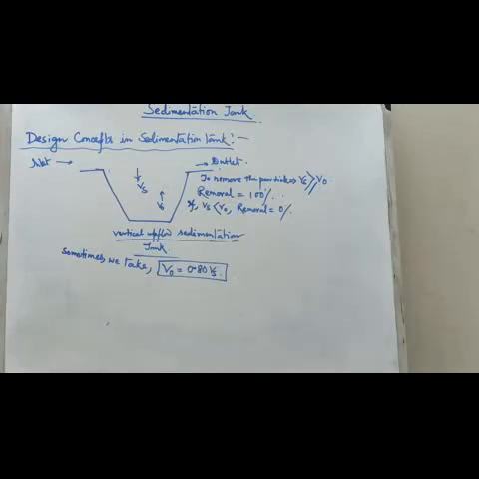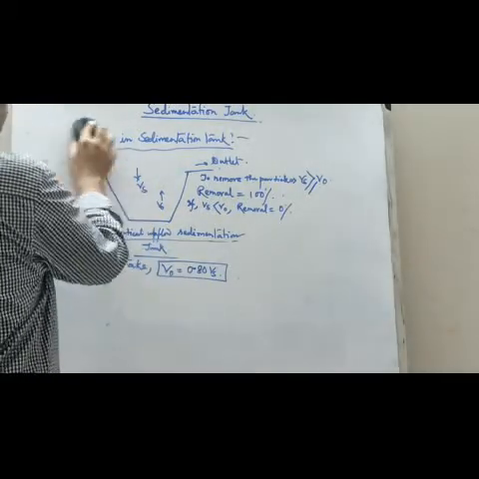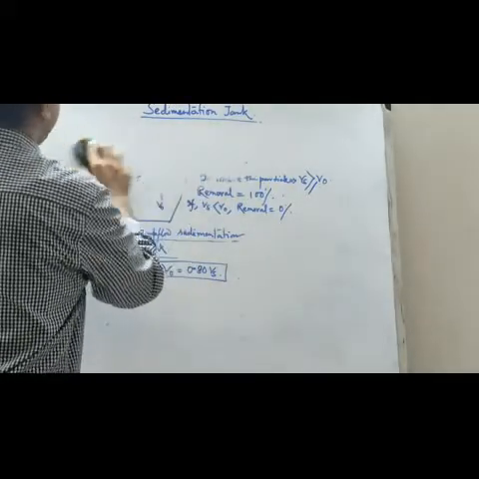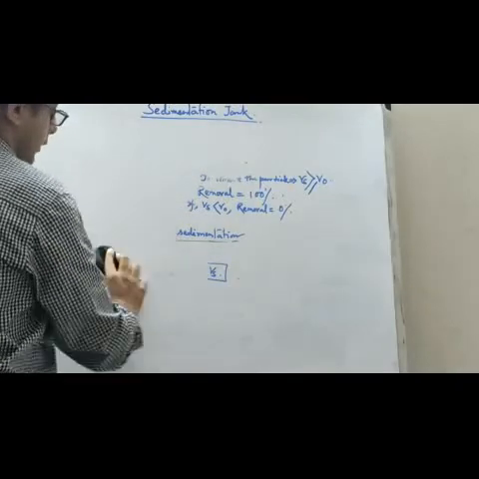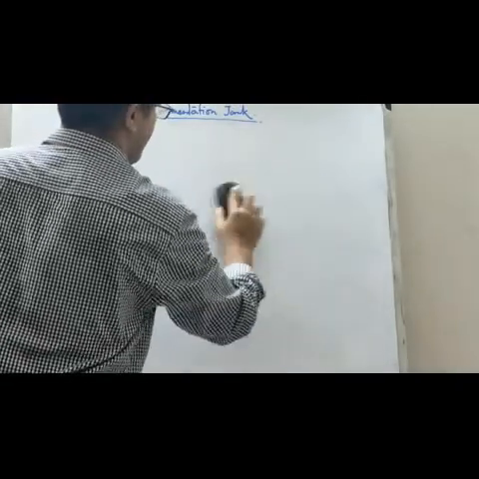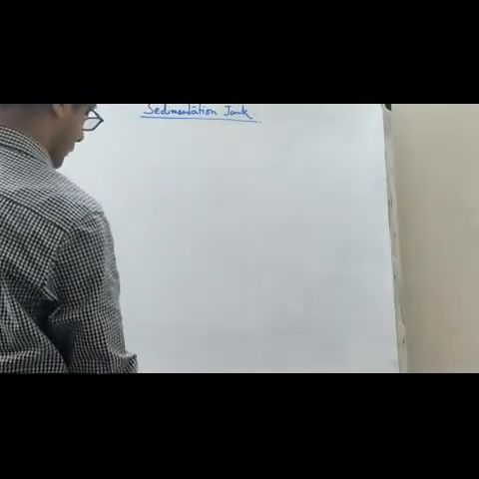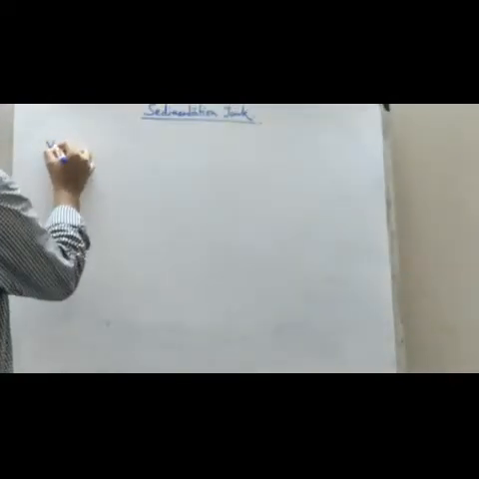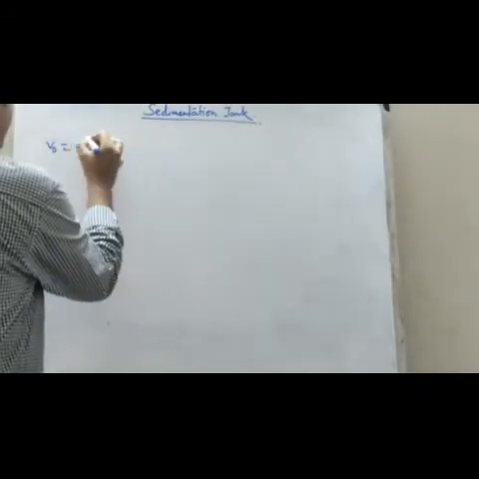We can write down that for type 1 settling, V0 means discharge divided by the surface area.